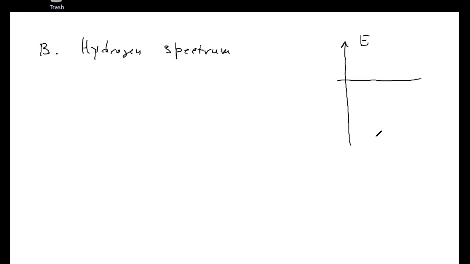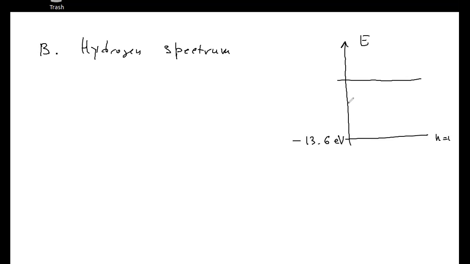Okay, example B. Let's look at the hydrogen spectrum. If you look at the energy levels of the electron, the lowest energy is negative 13.6 electron volts. This is the first level, the ground state.